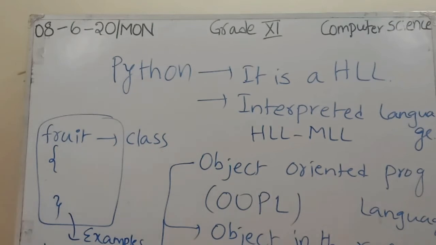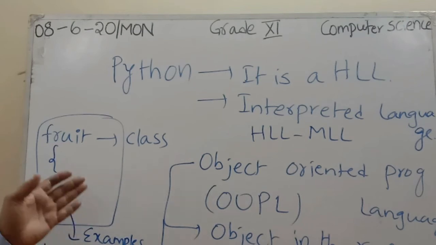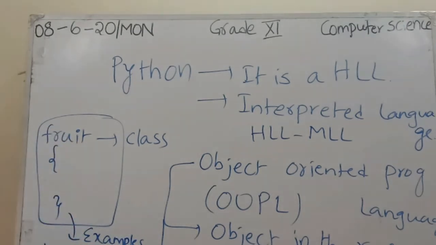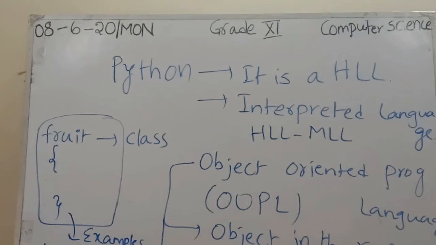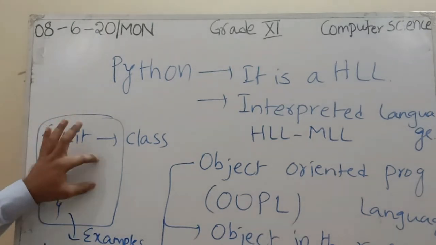So the difference between a class and an object is that a class is an abstraction. It has characteristics, but all the objects are created from this class only. Examples of fruits are banana, orange, mango. These have different characteristics, according to taste. That's why fruit is called a class.